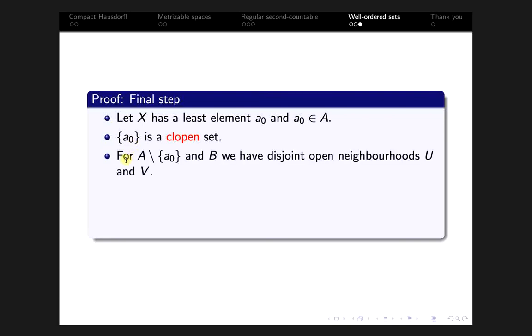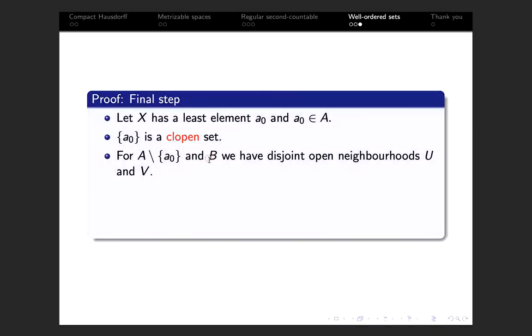Now we consider the pair A minus {a naught} and B. This is a closed subset of X, and by assumption B is a closed subset of X. So A minus {a naught} and B are closed and disjoint, and the smallest element is not a member of A minus {a naught} or B. So by the previous case, we have disjoint open neighborhoods U and V of A minus {a naught} and B respectively.